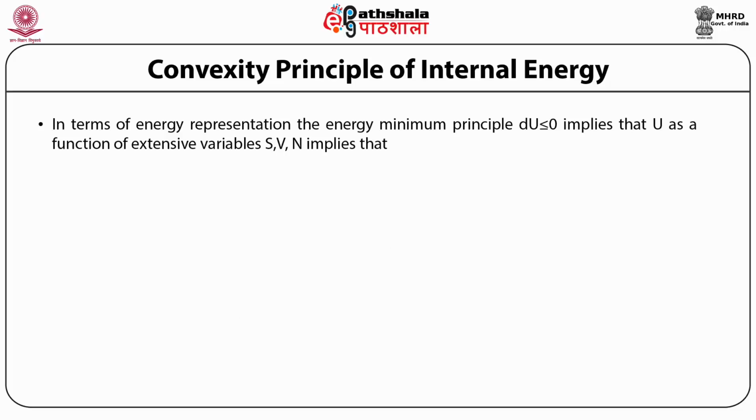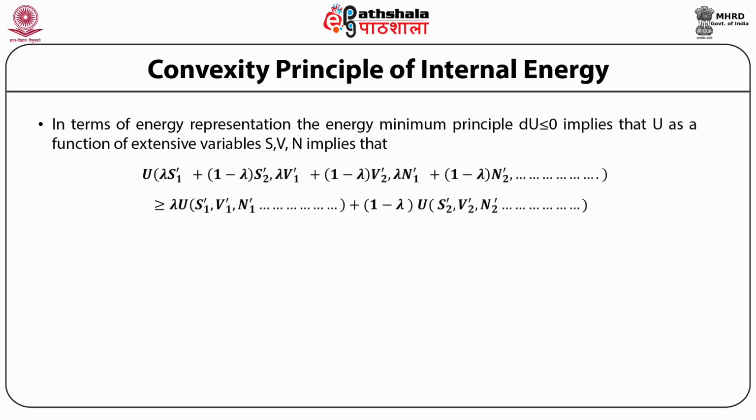In terms of the energy representation, the energy minimum principle, dU less than or equal to 0, implies that U as a function of extensive variables S, V and N satisfies: U as a function of lambda S1 dash plus 1 minus lambda S2 dash, comma, lambda V1 dash plus 1 minus lambda V2 dash, comma, lambda N1 dash plus 1 minus lambda N2 dash and so on is less than or equal to lambda U as a function of S1 dash, V1 dash, N1 dash plus 1 minus lambda U as a function of S2 dash, V2 dash, N2 dash and so on.